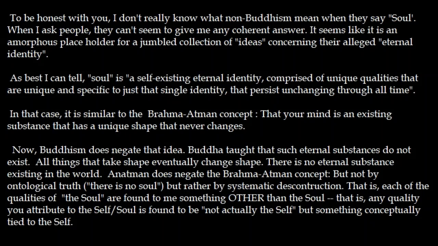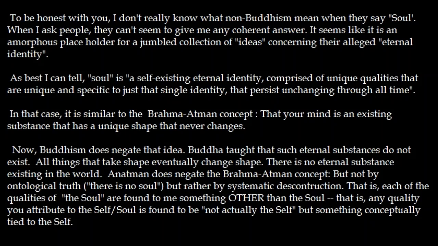But again, not really through an ontological truth such as "there's no soul," but rather by a systematic deconstruction. In other words, if the Brahma Atman concept was true, you would have to be able to show what the self is. But the problem is every time you investigate anything that is allegedly the self, it always turns out to be not the self.